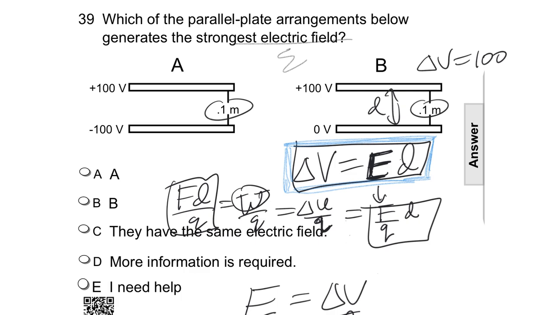Okay, the delta V for capacitor A is negative 100 minus 100, or 100 minus negative 100, which is 200 volts.